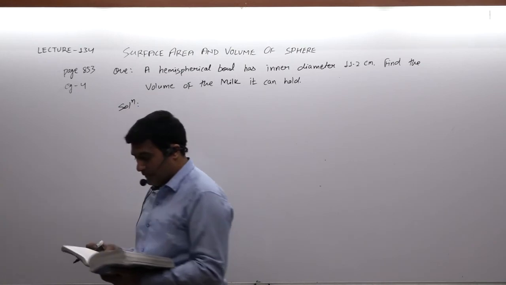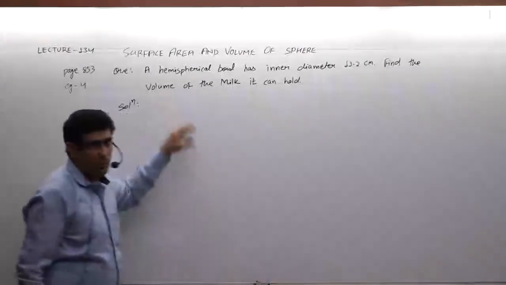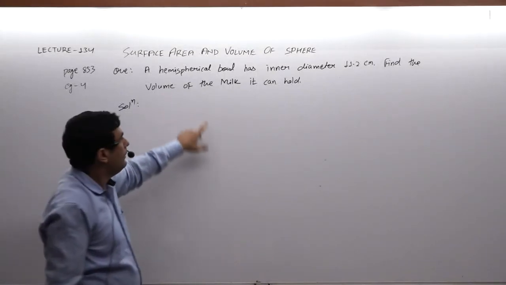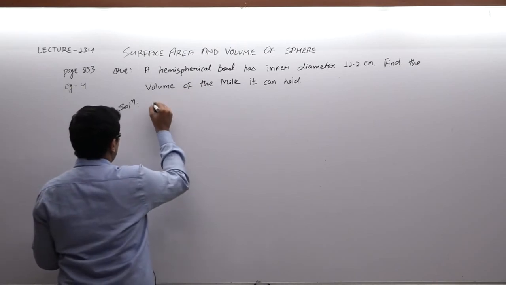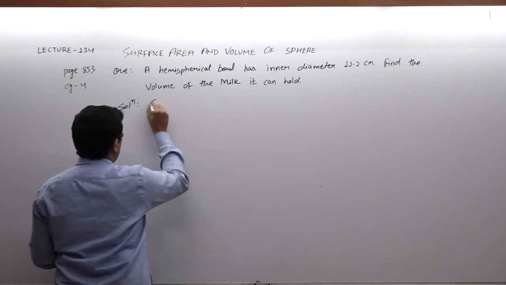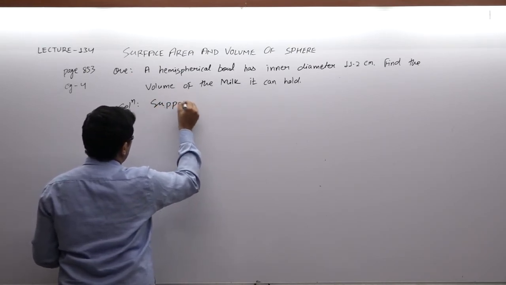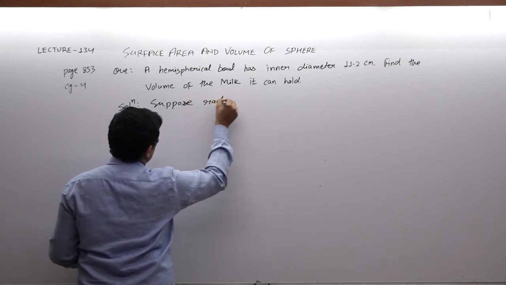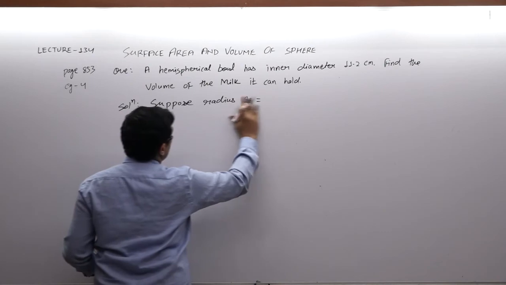See, it's not that much difficult. Simply they are asking to find the volume. So simply we have to apply the formula of volume of a hemisphere. Suppose radius is equal to r.